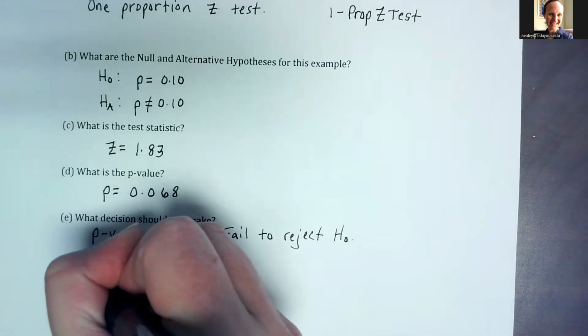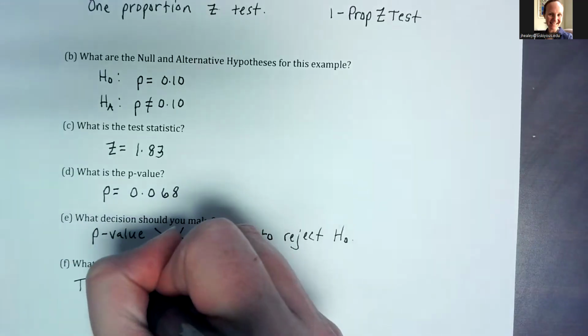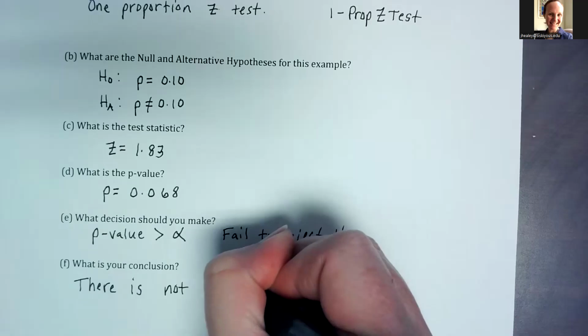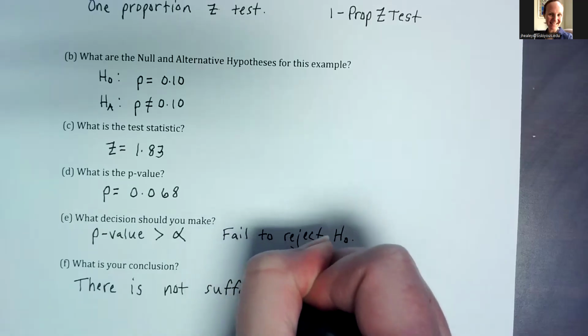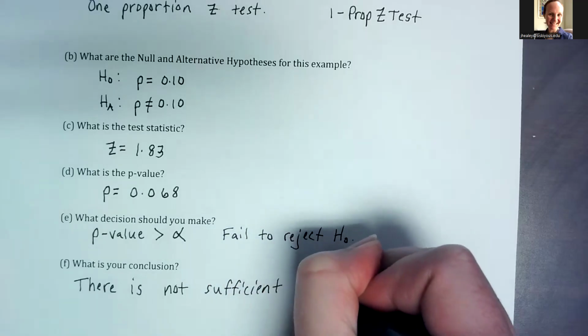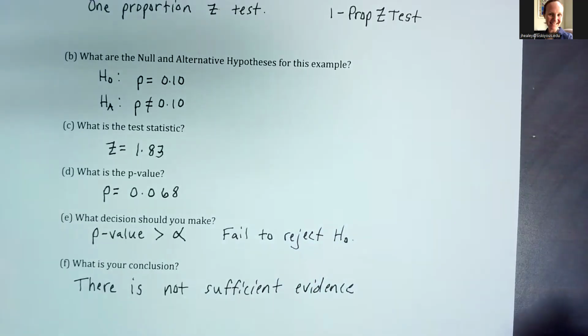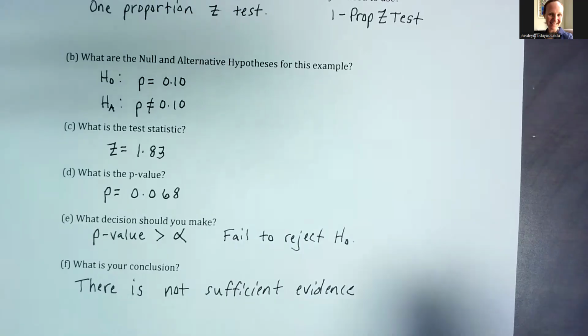Okay. And so if we failed to reject the null hypothesis, we're going to start with there is not sufficient evidence. Or another way to say that is there's insufficient evidence. You could say that as well.